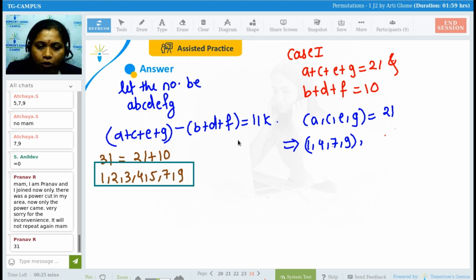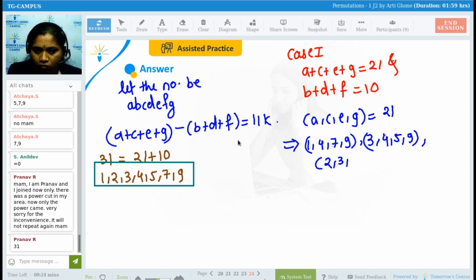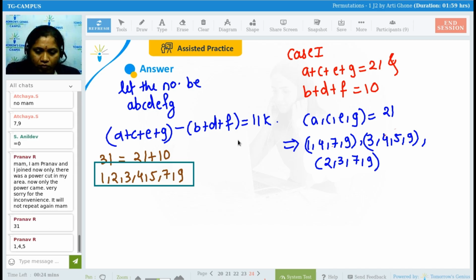And similarly consider it for BDF also. 127, 235, 145.